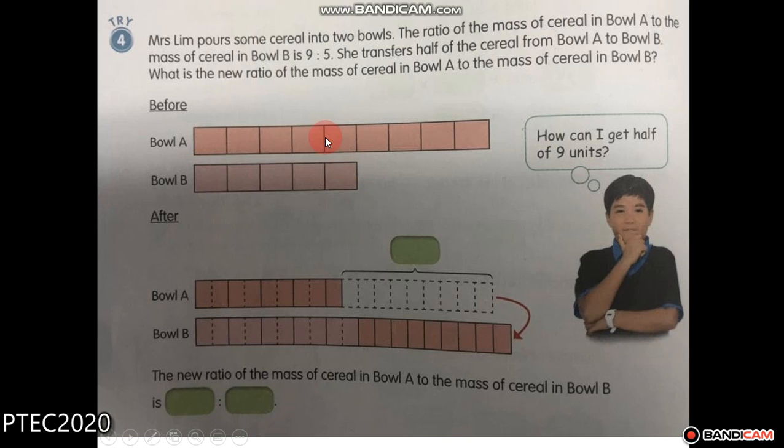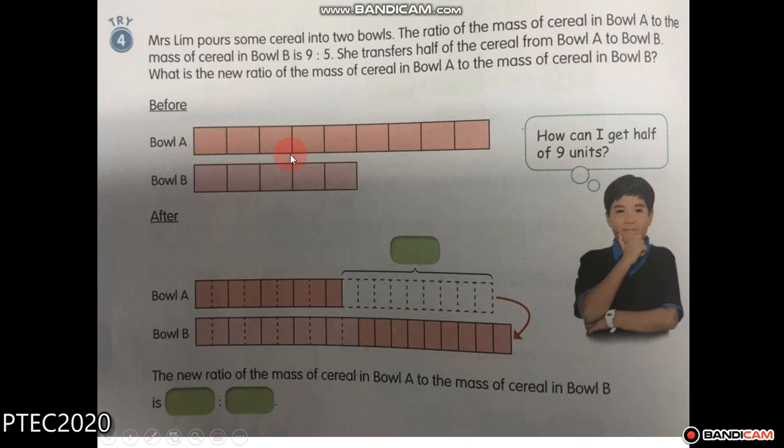In order to get half of 9, you may need to cut any one unit into two equal parts, right? So for example, I cut here. But remember that in proportion as well as fractions, when you cut, you have to cut all. You don't cut only one, because if you cut only one, then you don't know how many units you have.